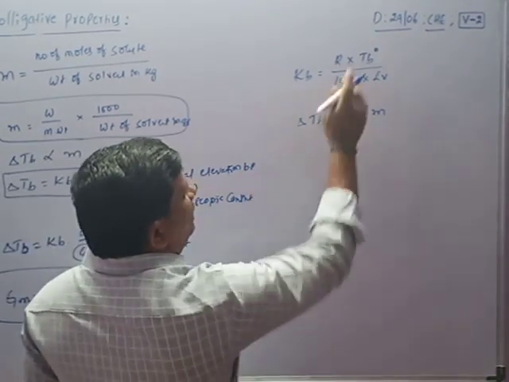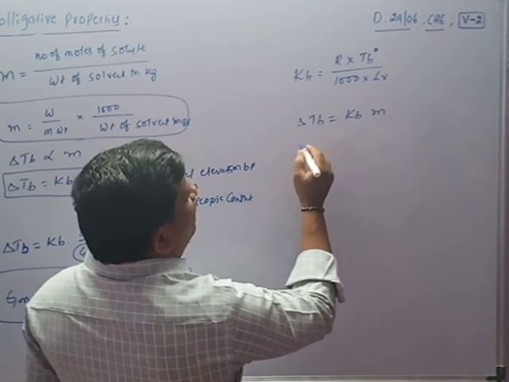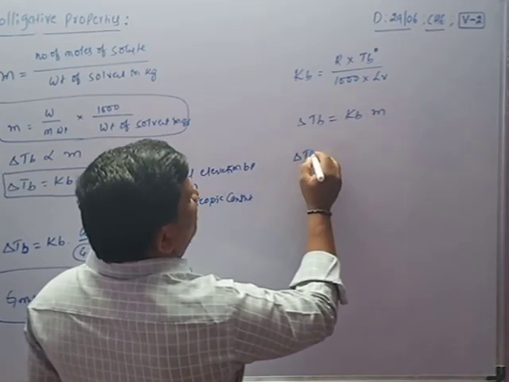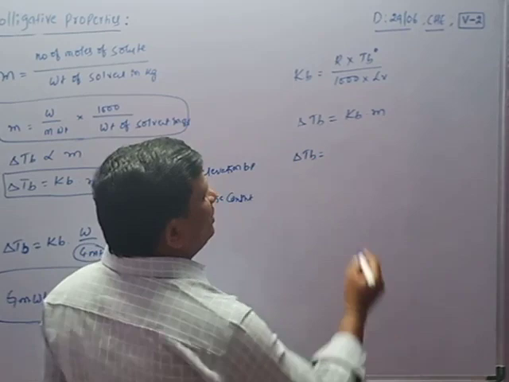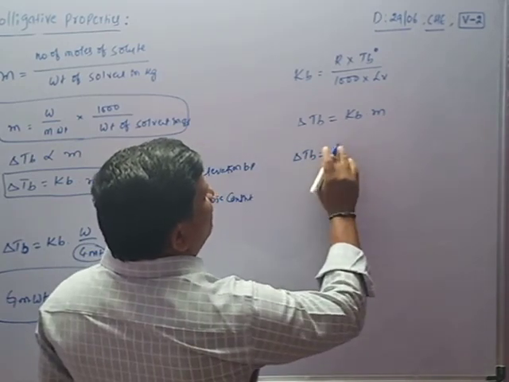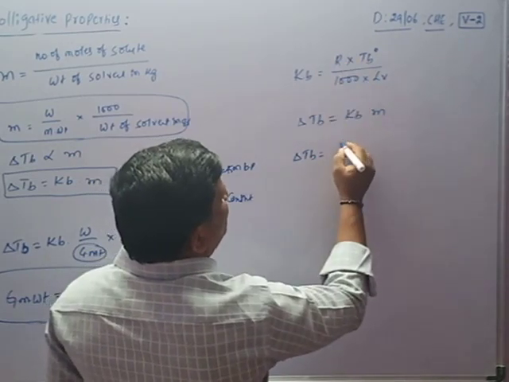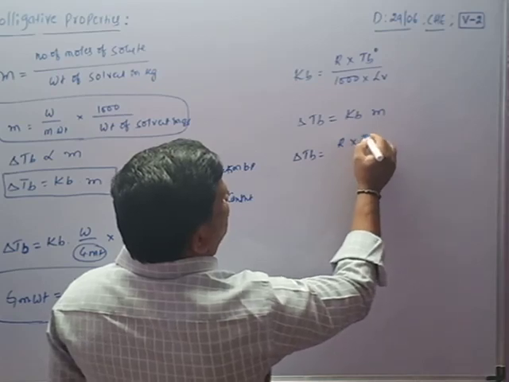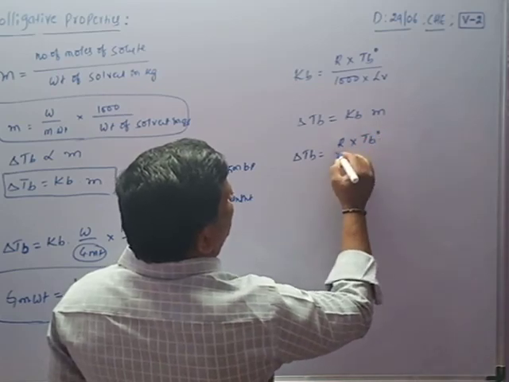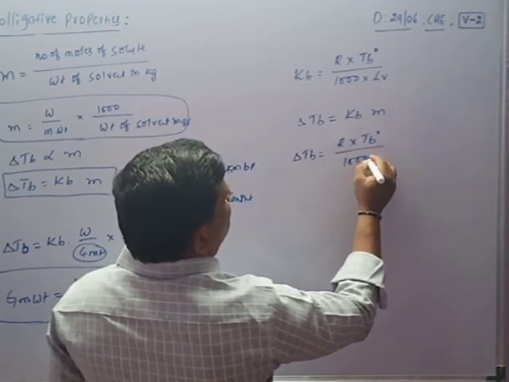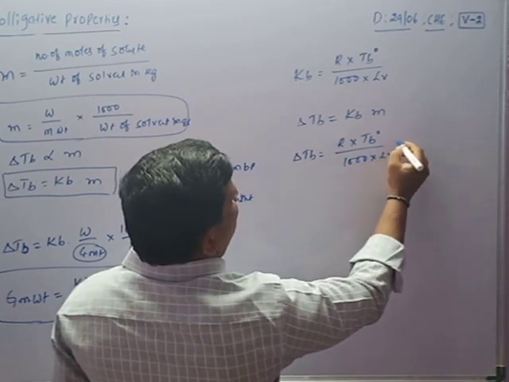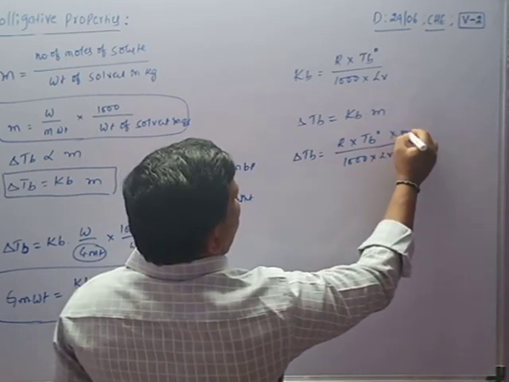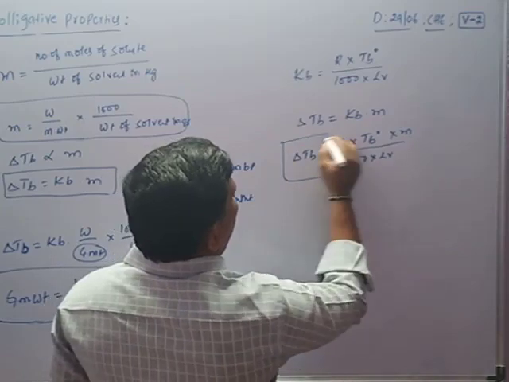So delta TB equals R into TB naught by 1000 into LV, into molality.